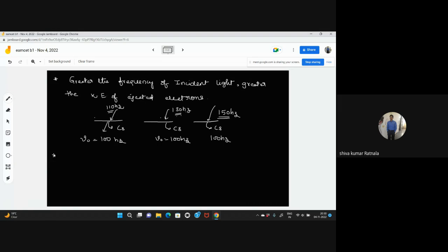And one more point, greater the intensity of incident light, greater the number of ejected electrons.